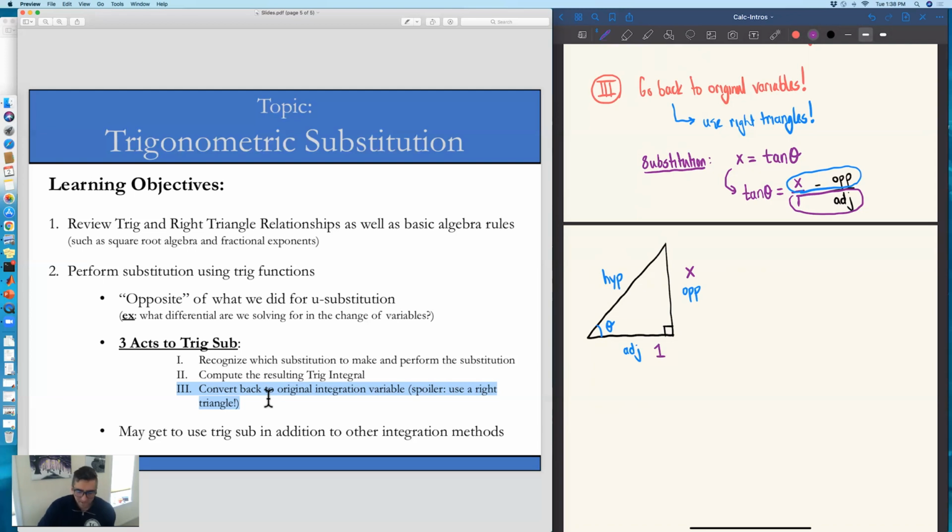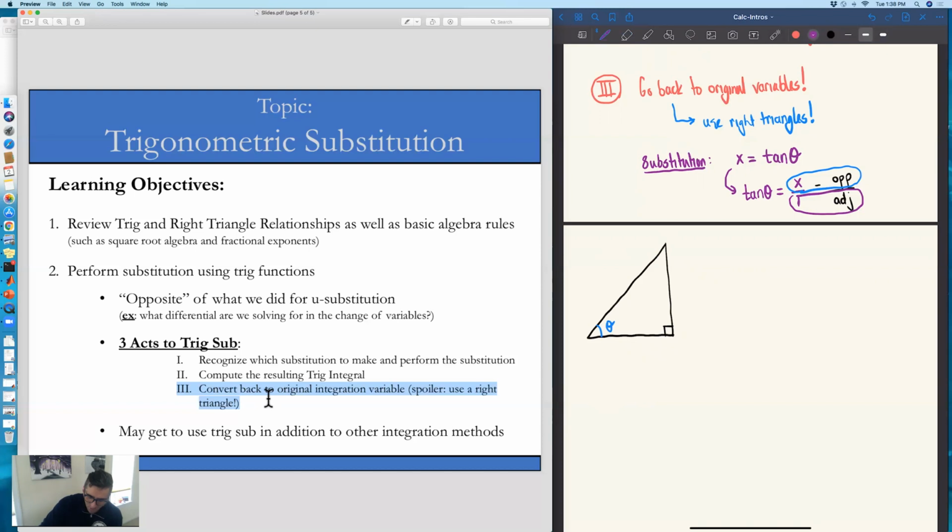So really what I'm saying here is, of course, we have those trig identities, hypotenuse, opposite, adjacent, but we really just need those to fill out the sides of our triangle from our original substitution. So I'm just going to get rid of adjacent, opposite, and all of that to just tell us where those sides are.